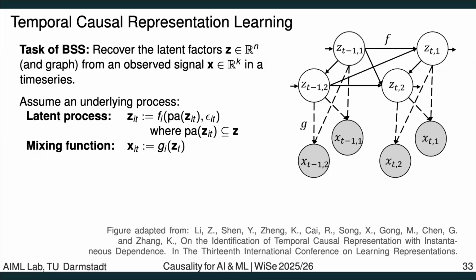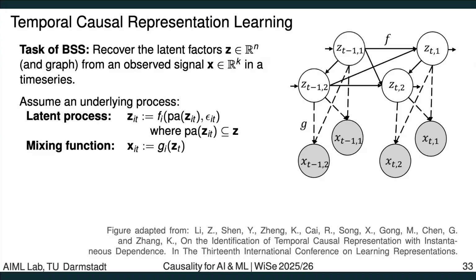The setting here is that we have again our underlying process, and for every time step we have a mixing function. This mixing function only takes variables of the current time step, so it doesn't mix between time steps to get an observation.